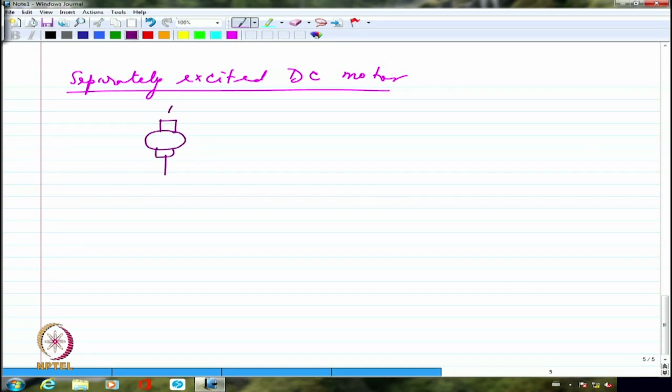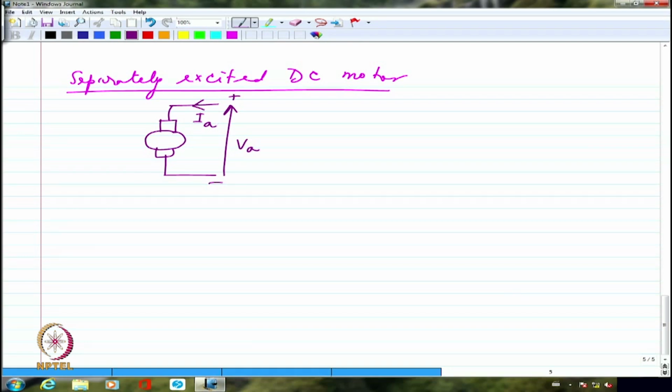This is going to be my armature. I am connecting a voltage supply which is VA. Let me say this is positive and this is negative. So I am inputting a current in this direction. Let me call this IA.